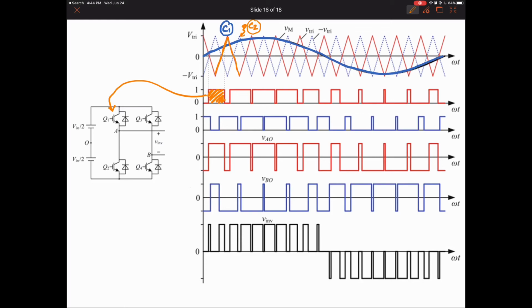And the second pulse, which is generated by the comparison of the second carrier with the reference, you can observe over here. So you will be getting this set of pulses, because in this case these will be the points from here to here, carrier 2. So your reference is higher than the carrier over here, so you are getting this pulse, so that is applied to your switch Q4.